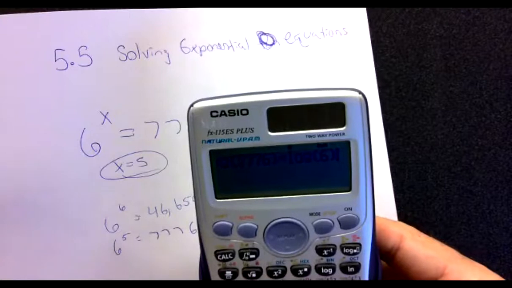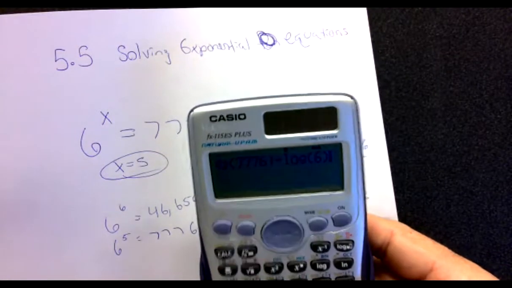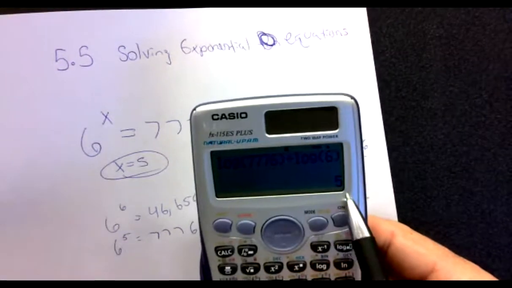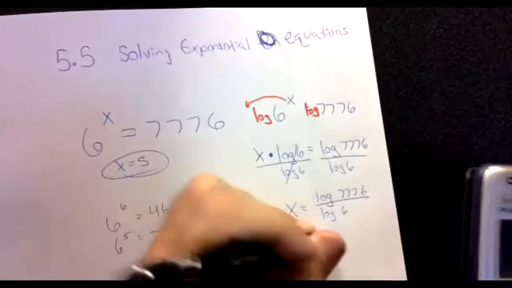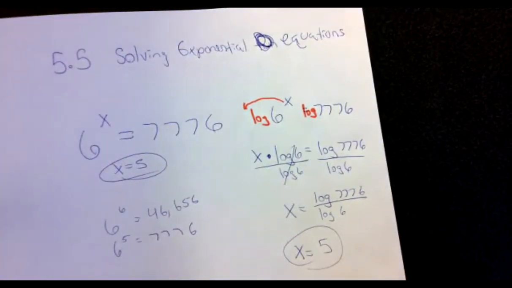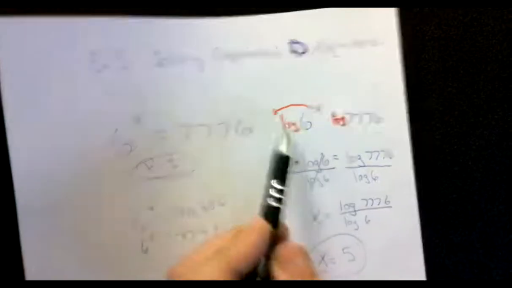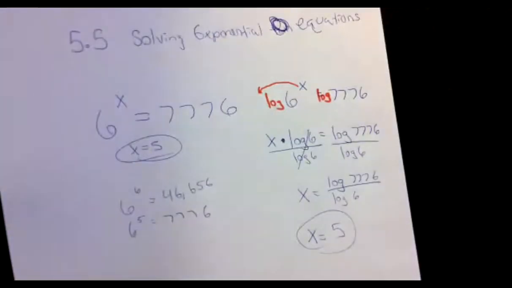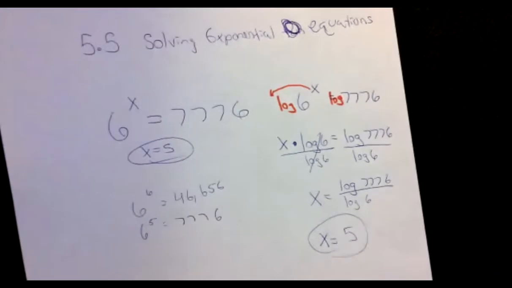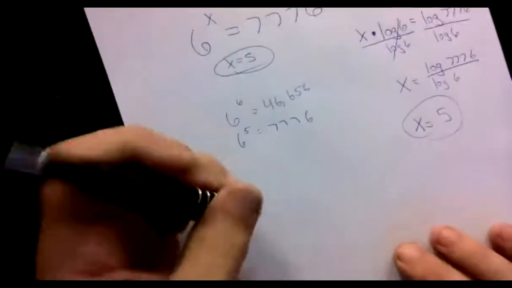Again, make sure you close your parentheses. And then hit equals. And our calculator says 5. So we're going to use logs and the properties to allow us to solve our exponential equations. And again, this works really well whenever you don't get pretty little whole number answers.